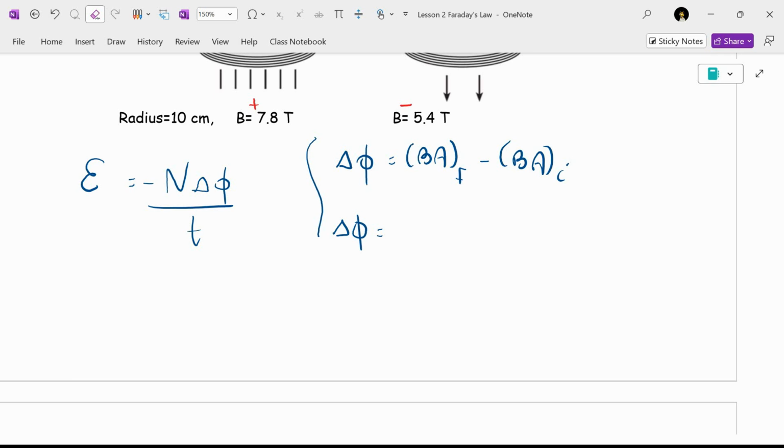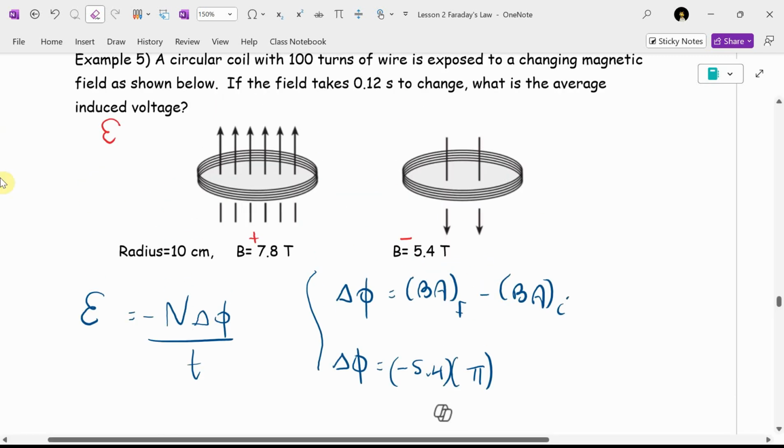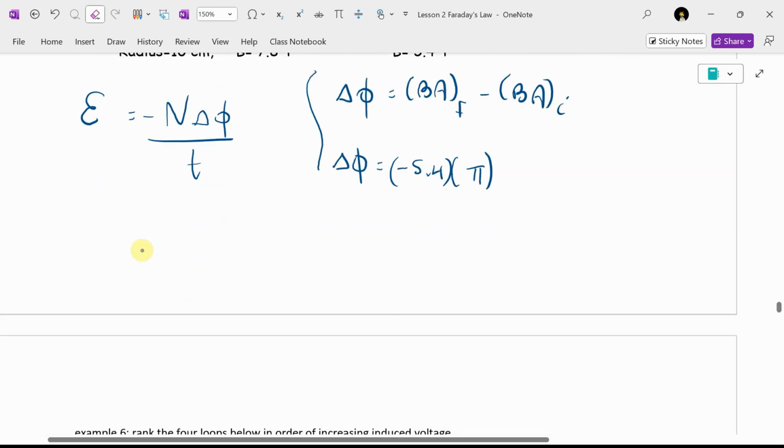Be careful. Negative 5.4. Area is going to be pi times r squared. They told me in the picture here, radius is 10 centimeters, so 0.1 squared. Minus, what's the initial magnetic field?